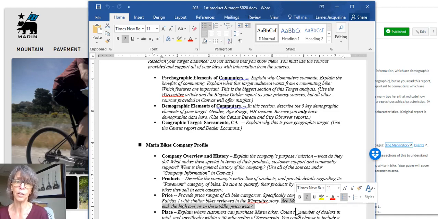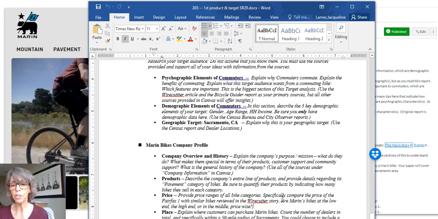And that's where the Wirecutter article is going to help a lot because they're looking at commuting bikes. So use some of the bikes in that linked article, not the printed one because I cut some material off. When I say linked, I mean linked from the Canvas site. I just clicked on it. And see the prices of some of those other commuter bikes in there. That way you will have a good idea of where Marin stands in terms of a price range.